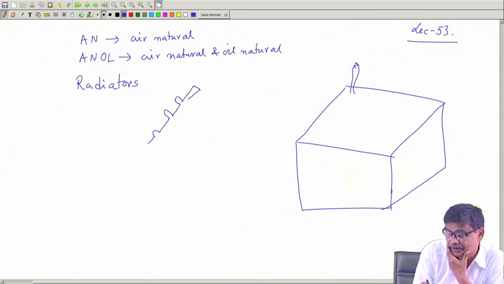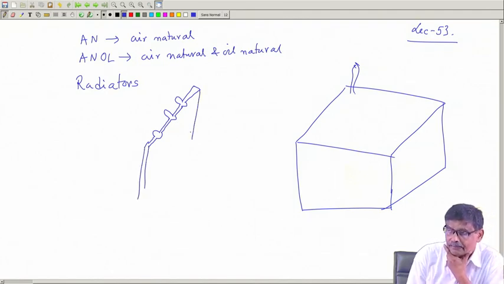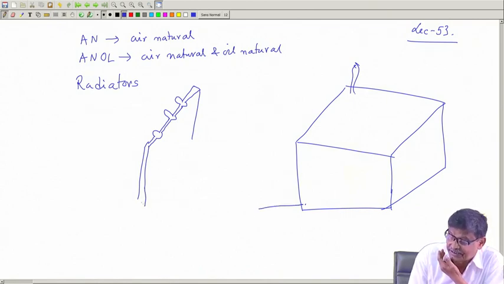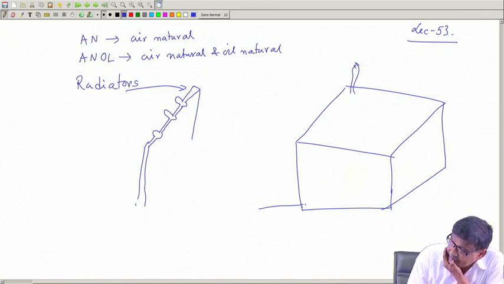I am just drawing one. These are rectangular looking iron steel plates, and the oil here is connected to the radiator tubes. So, these are radiators. Instead of cooling tubes, radiators give a large surface area.